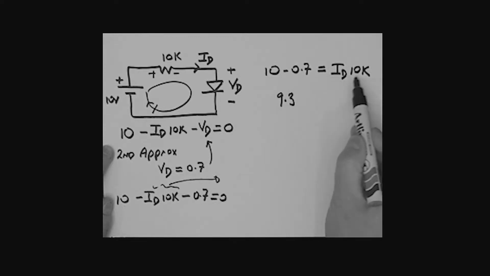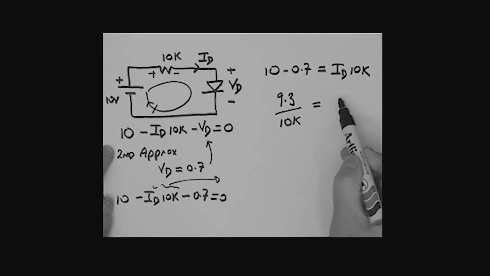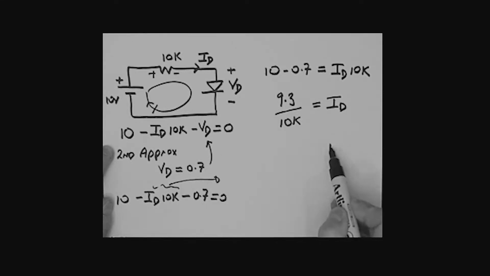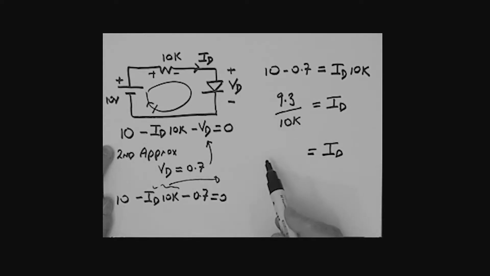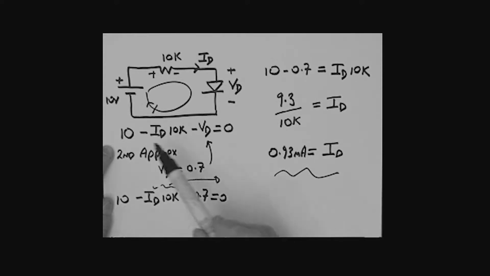If I divide both sides by 10K, that would be equal to my ID. And so ID is equal to 9.3 divided by 10K, which is 0.93 milliamps. So very easy to work that problem if we're using the second approximation.